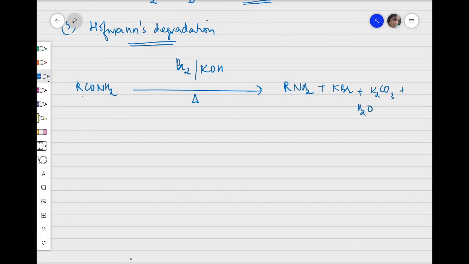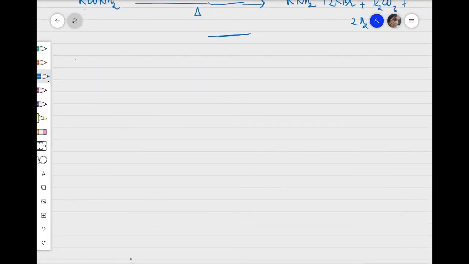And if I go to balance that reaction, it will be 4 Br2 plus 4 KOH to give 2 and 2 molecules of water. So this is the Hoffman degradation reaction.